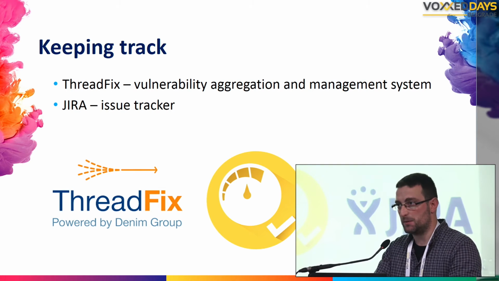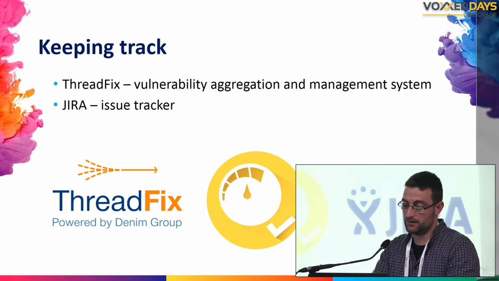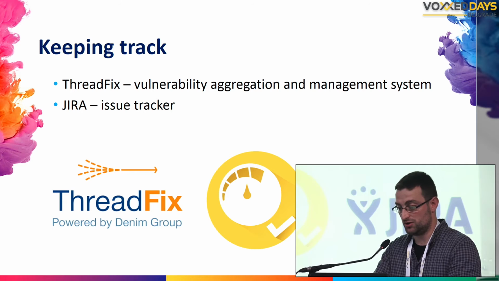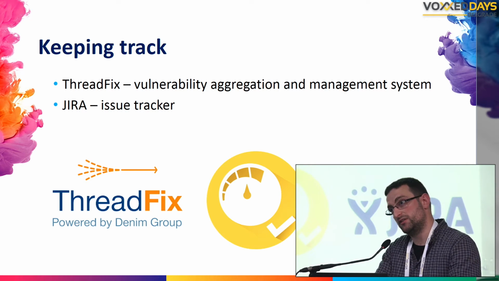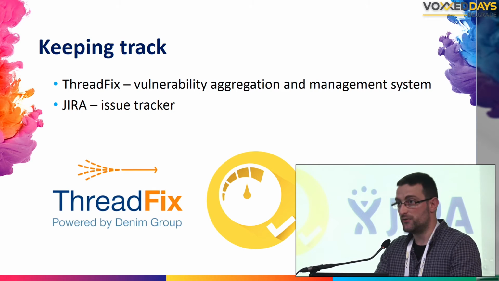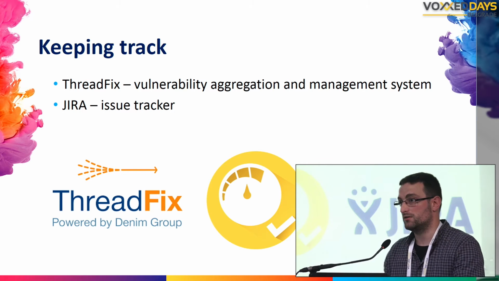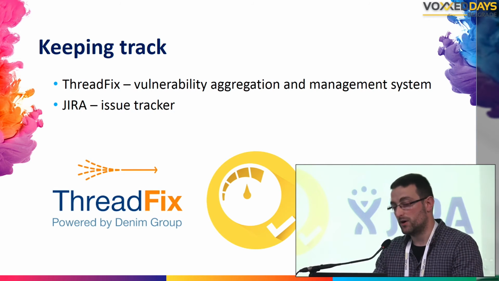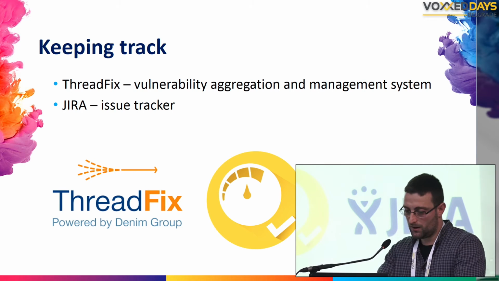It accepts reports from most of these tools that I've mentioned. For example, it doesn't support ESLint, but it supports writing plugins for these reports. So you can write a plugin to enable ThreadFix to accept such a report and tell it how to parse the report it gets.